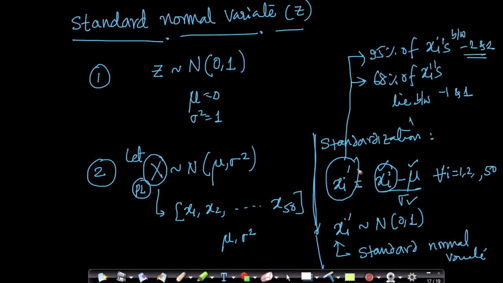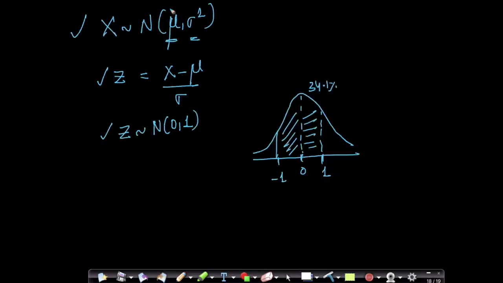So standardization is a good method wherein I can transform any random variable with any mean and variance into a standard form, which is a mean of 0 and a standard deviation or variance of 1. This is called standardization. Given any random variable, I want to convert it into standard format, because once I convert it, I know exactly the bunch of properties of a standard normal variate like z here that I can quickly understand and interpret.